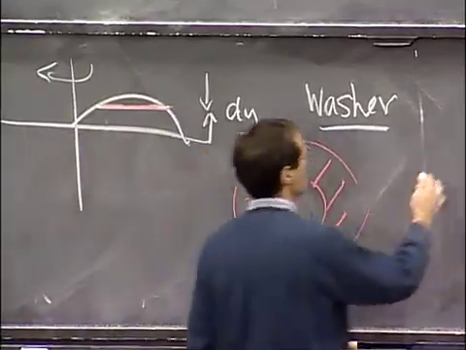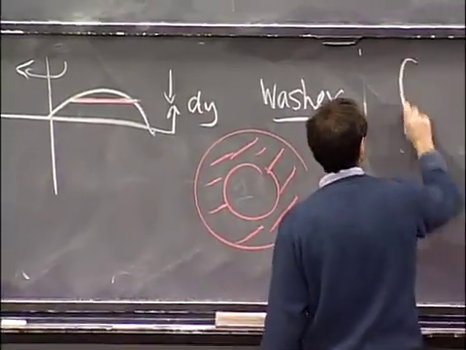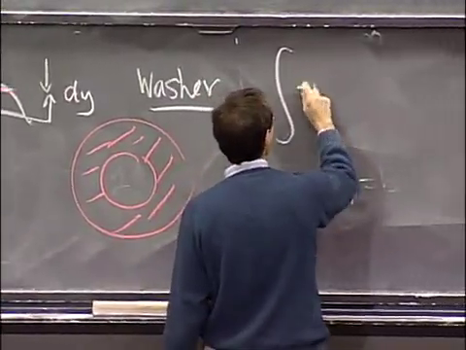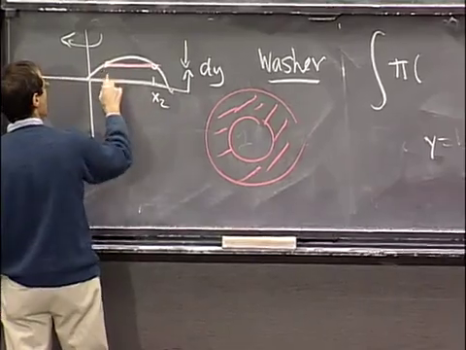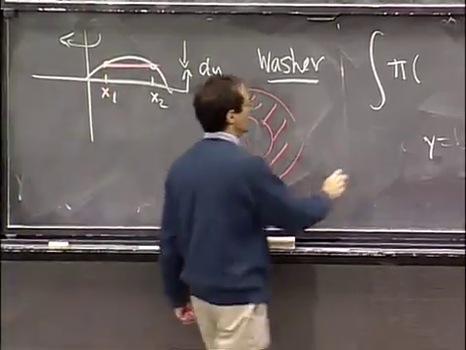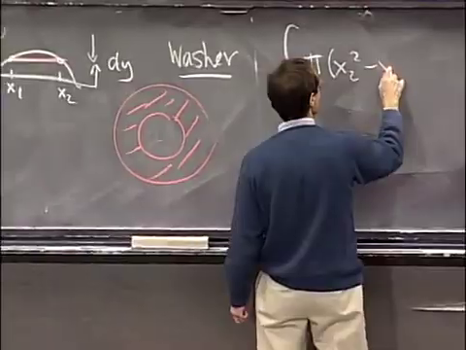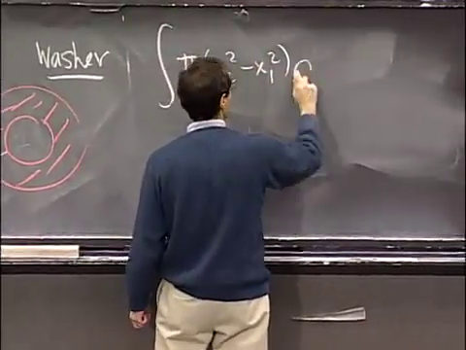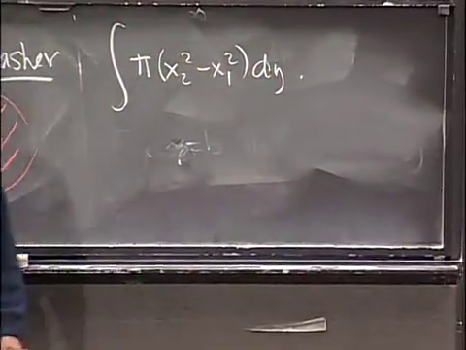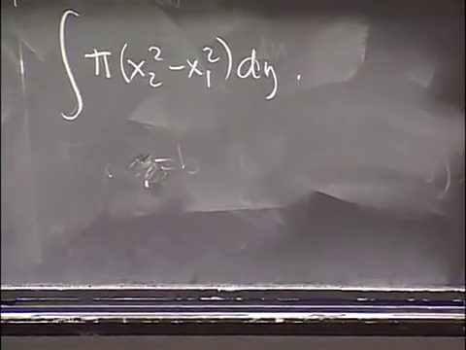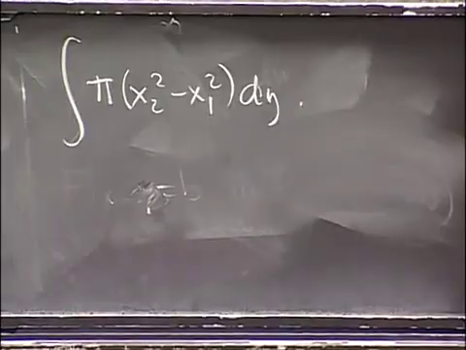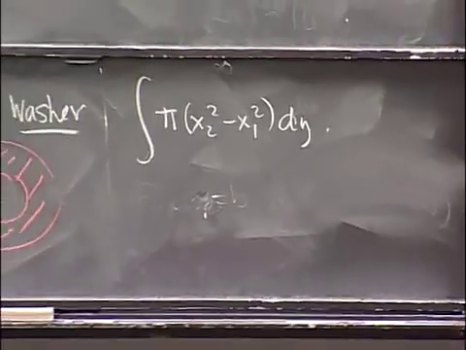So what's the formula for this? It's some integral of pi times the right end, which I'll call x2, and the left end, which I'll call x1. So this is pi x2 squared minus x1 squared dy. Now, already at this stage, you think to yourself, this is more complicated than the other method. So you've already abandoned it.